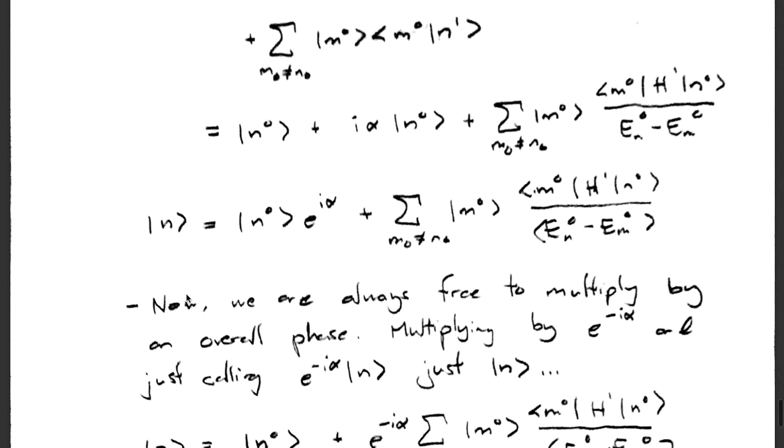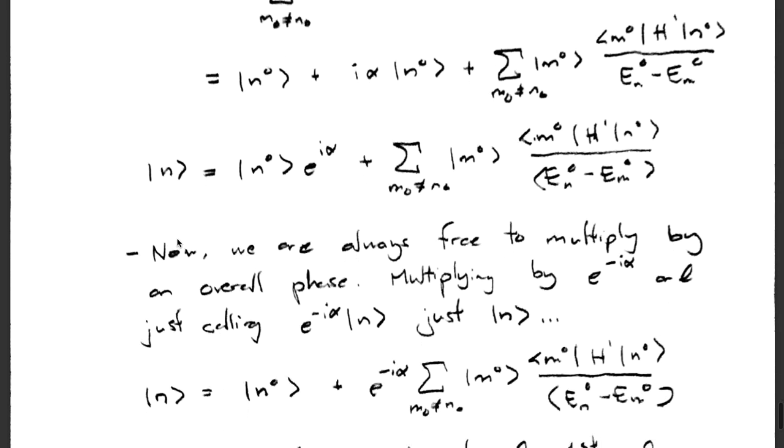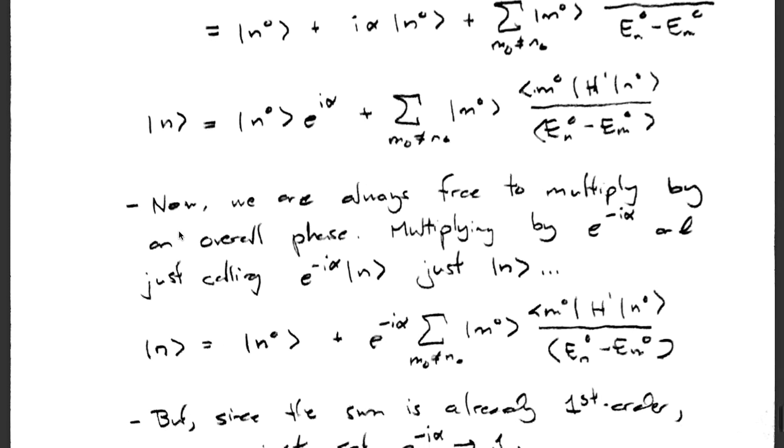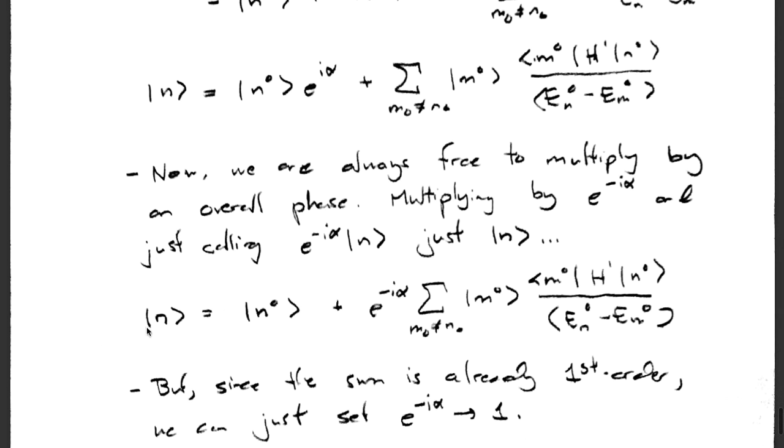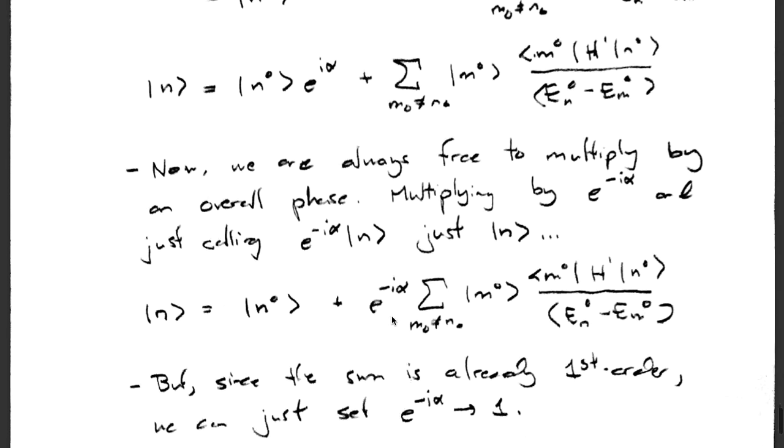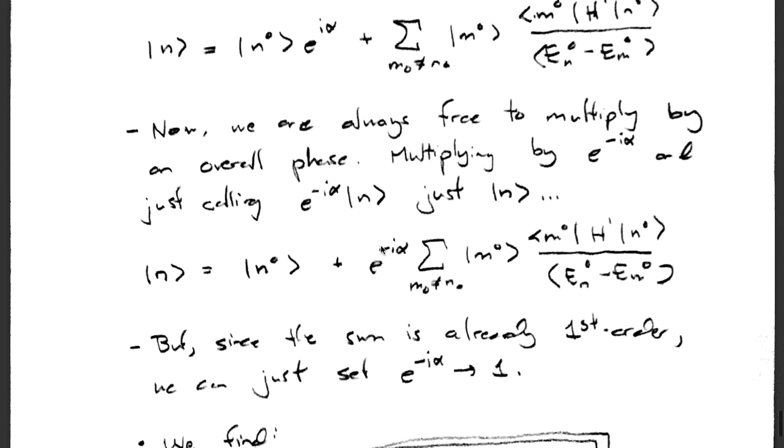So I can multiply this full thing by e to the minus i alpha. That's going to cancel the e to the i alpha here. I'll get an e to the minus i alpha over here, and an e to the minus i alpha on this term. But e to the minus i alpha times n, we can just call it n. We can just absorb it into the definition of the eigenket. So what it leaves me with is n equal to n naught plus this junk being multiplied by e to the minus i alpha.